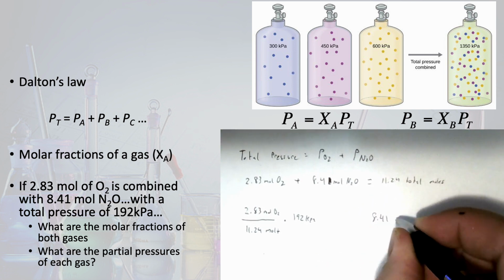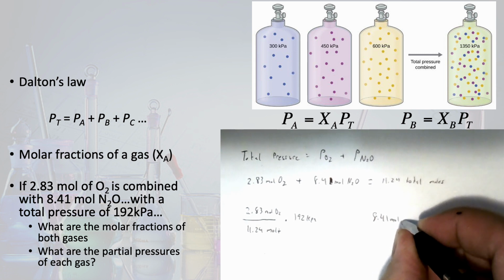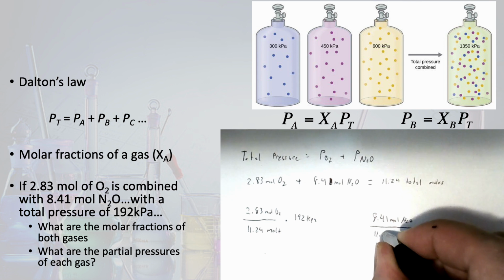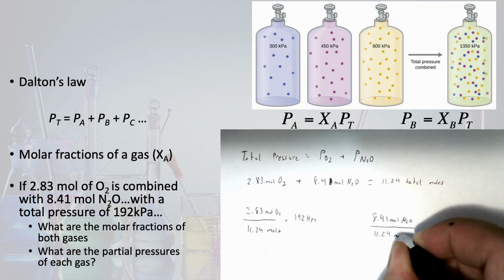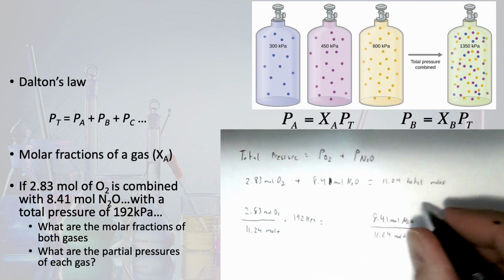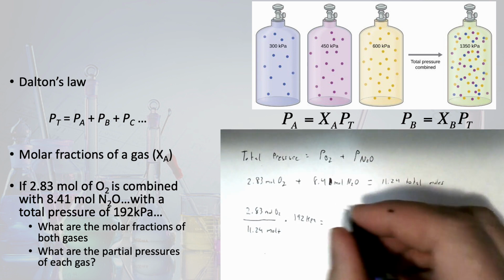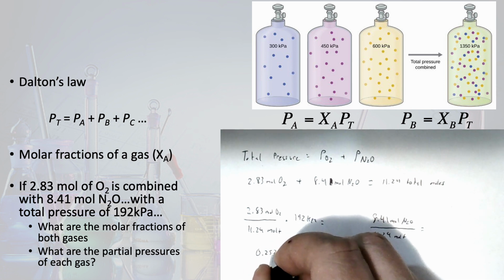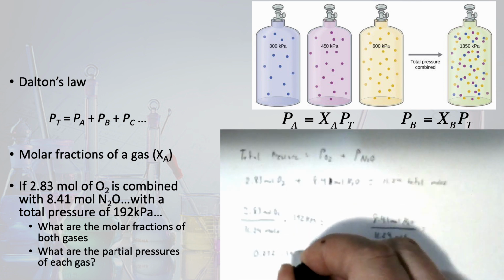And then we'll multiply that by the total pressure of our vessel, right? So we're basically just determining the fraction of pressure that our oxygen applies to the total here, and we're doing the same for dinitrogen oxide over here. And then you just do 8.41 divided by 11.24, again, times your total pressure, which is 192 kilopascals.